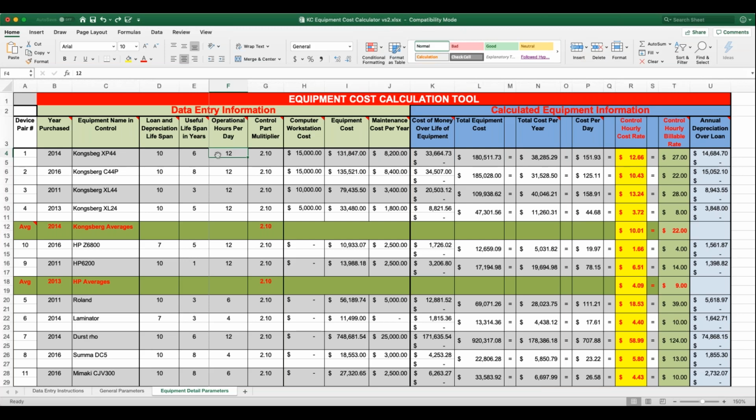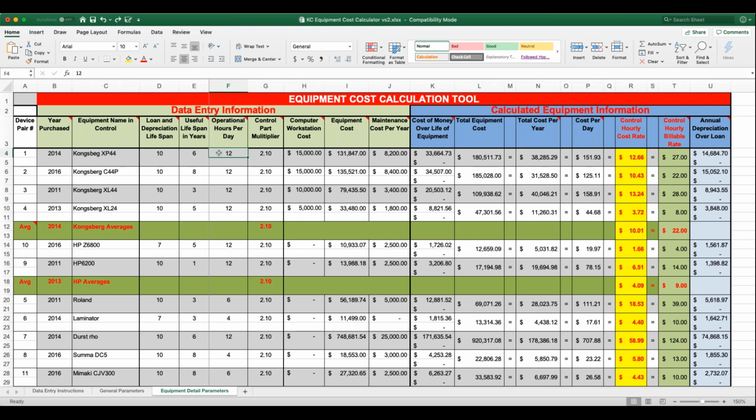So the point is that if you understate that number, if you make it too low, your hourly cost is going to be boosted higher because you're spreading the cost over fewer hours.